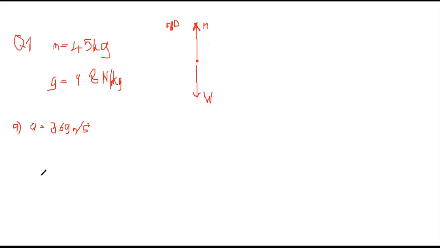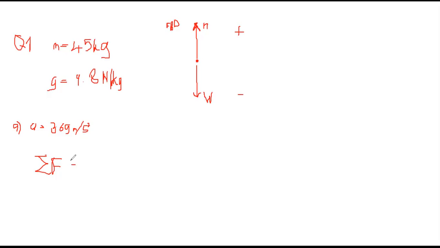So we sum up these forces. Let's take upward as positive. Then downwards would be negative. So the sum of these forces is actually a statement of Newton's second law.